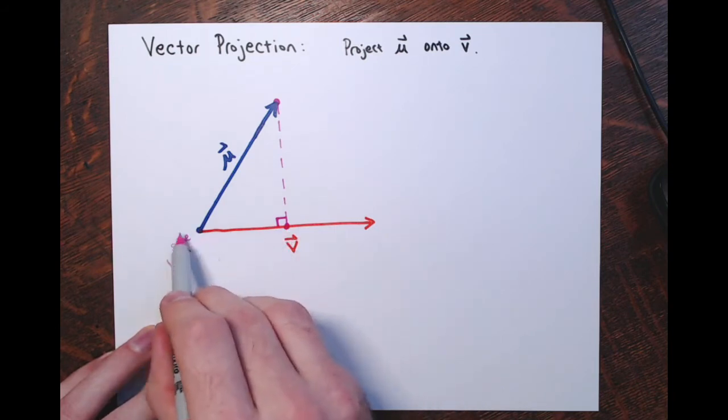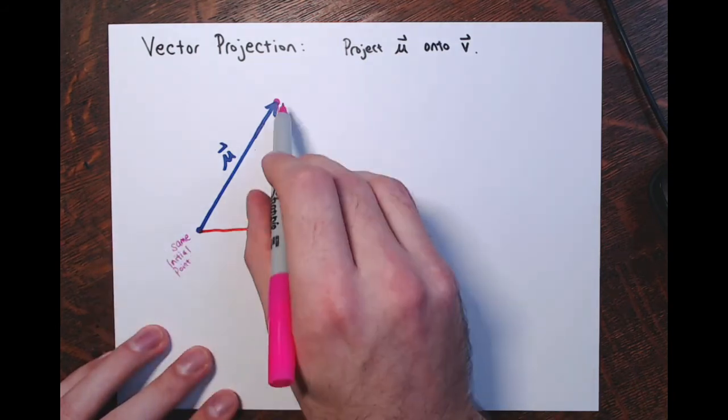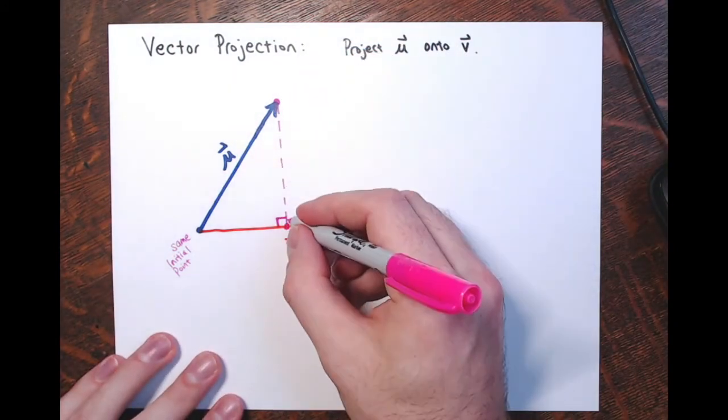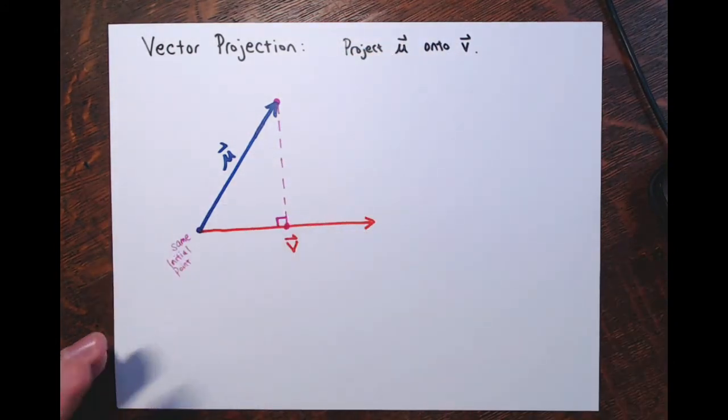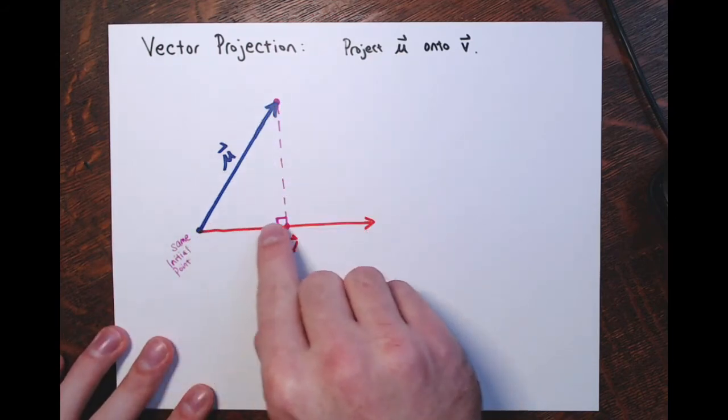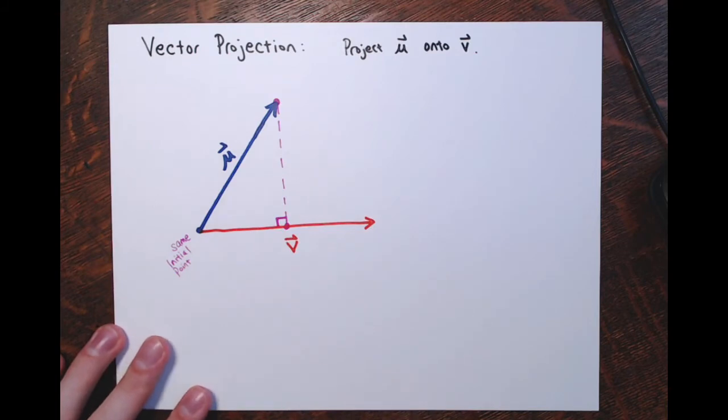Now if vector v was pointing this way, we'd still drop straight down. Again, you're going to draw a perpendicular segment to the line with vector v on it. All right, now you see what I've just created? A little right triangle. All right, there's a little right triangle here.